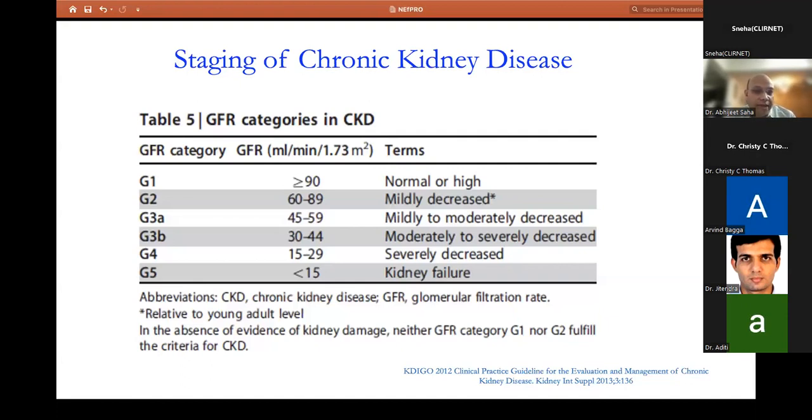The height of this child was 110 centimeters, and he had a creatinine of 1. So you can calculate the eGFR and write down in the chat box whether this child was in stage 1, stage 2, stage 3, stage 4, stage 5. Right?